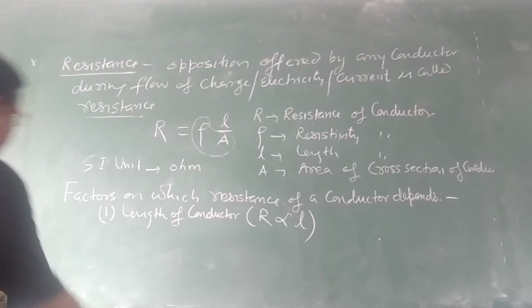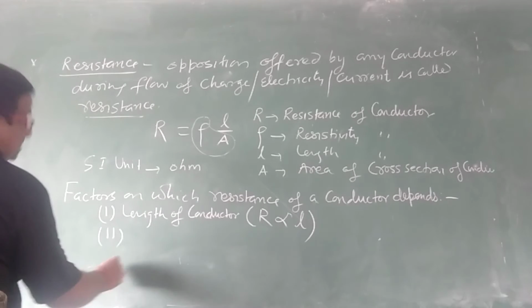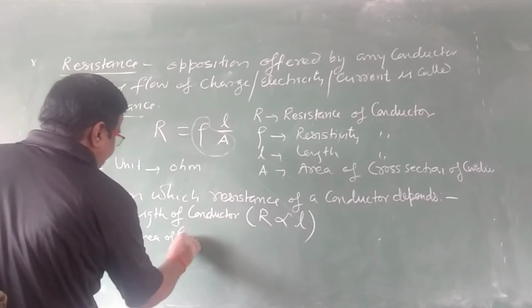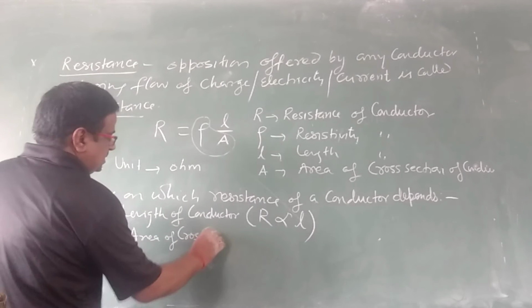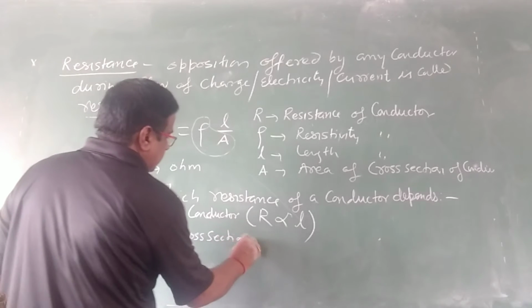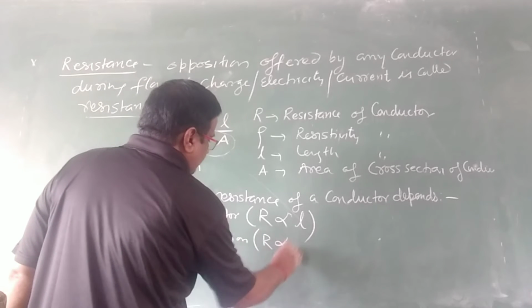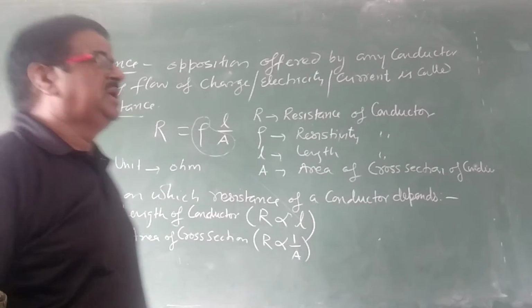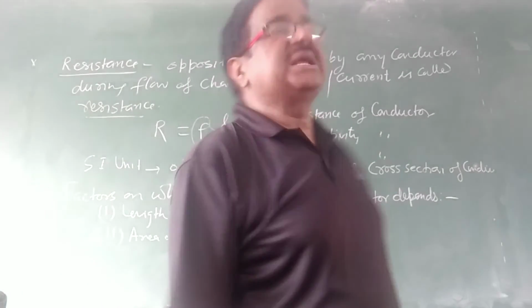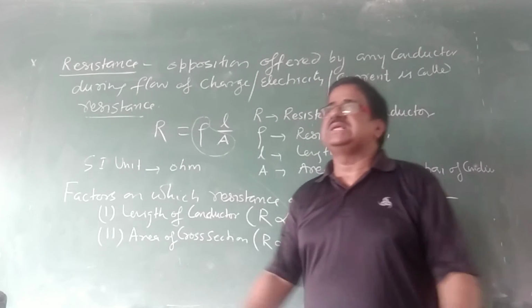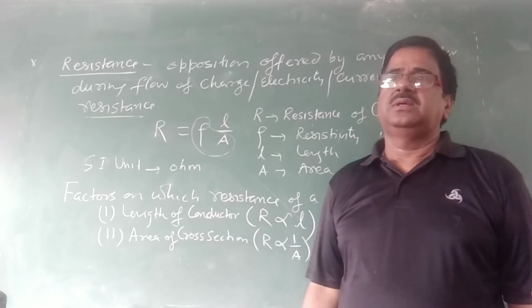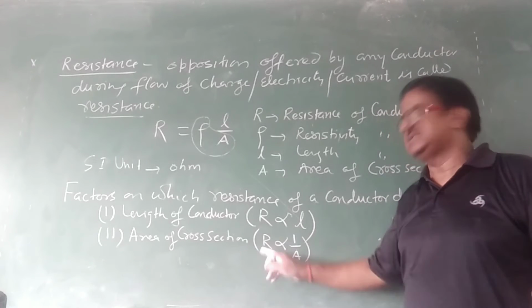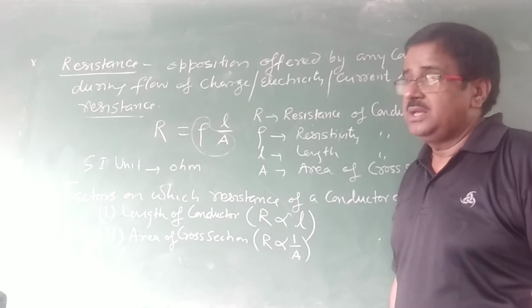the length of the conductor. So the first factor is length, the second factor is area of cross section. R is inversely proportional to area of cross section. Means if the conductor is thick, area of cross section is larger, resistance will be smaller.